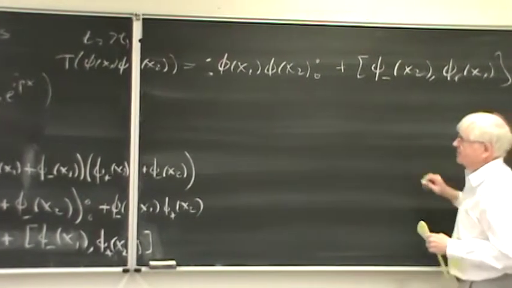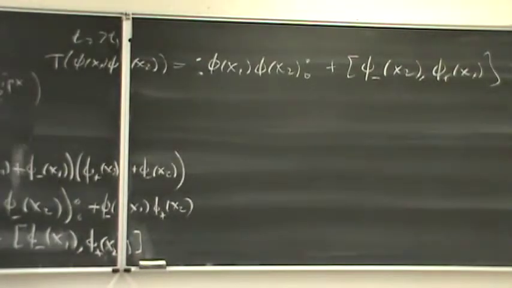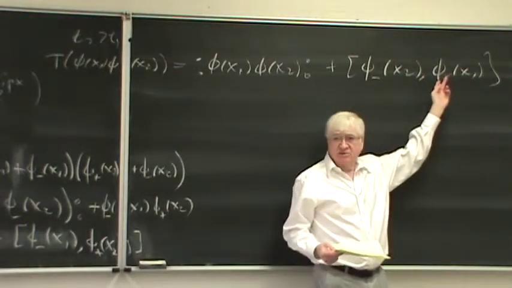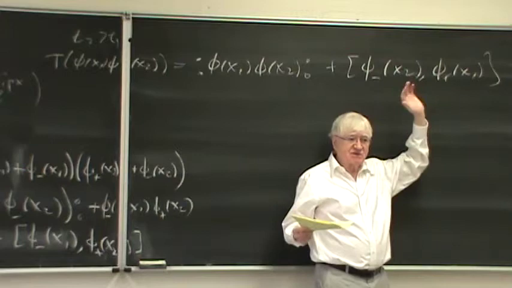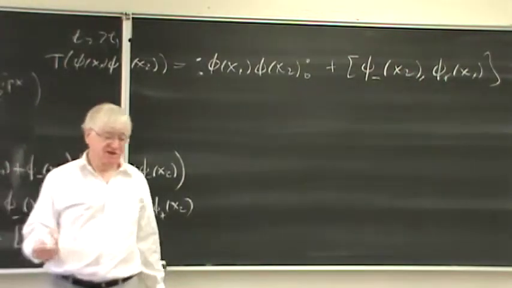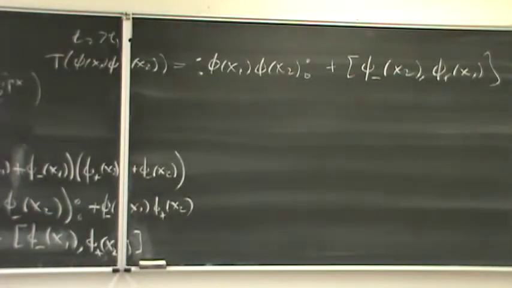Okay, so this is for T2 later than T1. And now what you can realize is that this commutator, of course, is just a number. Because when you take the commutator of this with that, the operators go away. You just get a delta function and some 2 pi's.